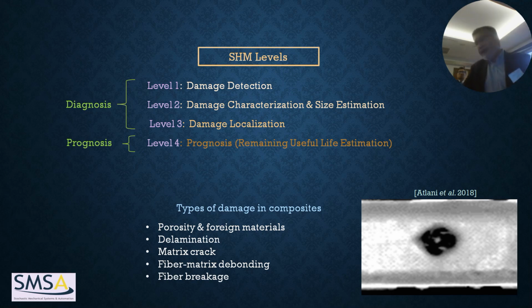This is from an aircraft structure from one of our projects with the Israeli aeronautical industry. It's a damage that is caused by impact, and it is essentially non-visible. What we see here now is thermal tomography. But if we look with a naked eye, we will not be able to see much.